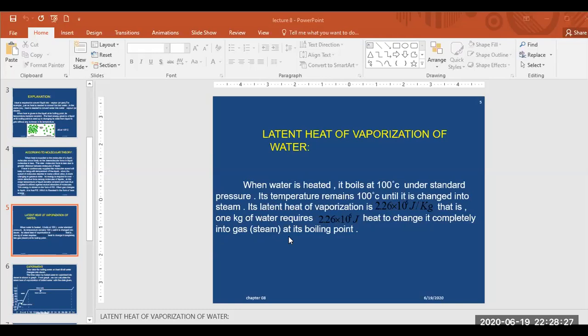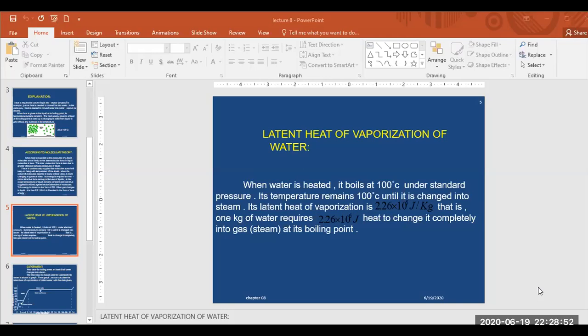What happens basically, this is the most important thing to understand. What happens when we are trying to change water to steam or the gas form? Why is the temperature of the water surface constant? The reason is very simple. When you start heating water at boiling temperature, the temperature remains 100 degrees Celsius.